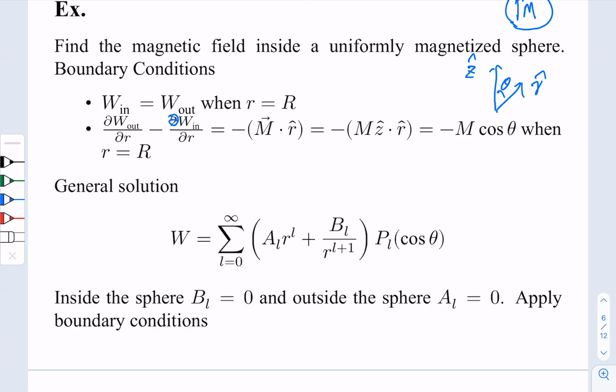BL coefficients. So now by observation, there must be a term that only involves P1 because there is a cosine theta term here.